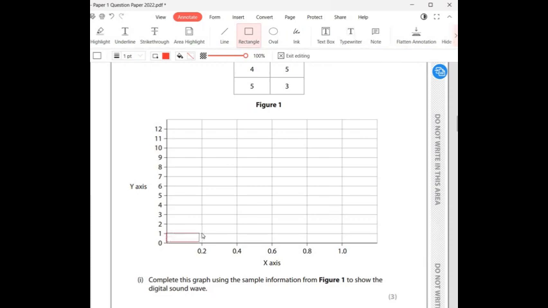So let's also do a rectangle. So the first one's going to be a 1. Second one is going to be a 10. Third one is going to be 11. Actually, that's going to be a 12.